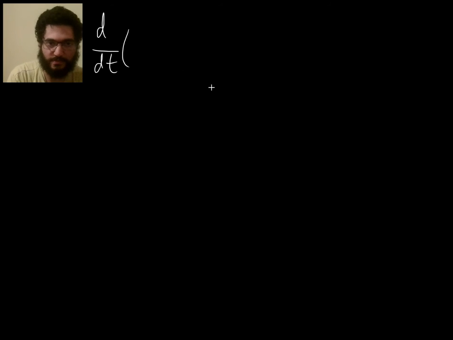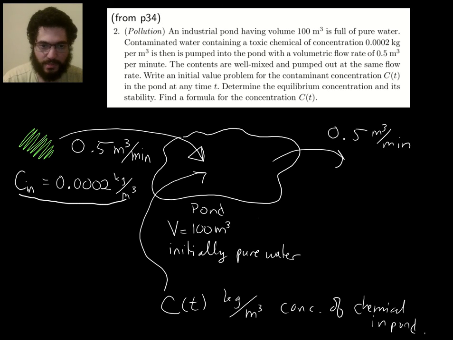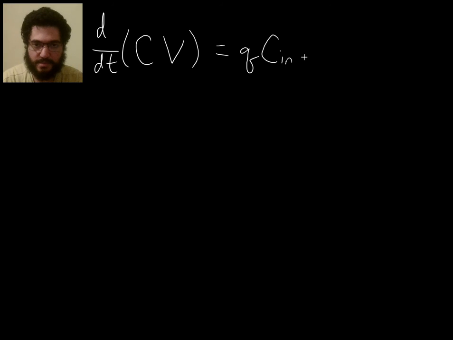So d dt of the amount of toxic chemical in there, that's C times V, equals the rate at which the chemical enters, that's the fluid flow rate, how many meters cubed enter per minute, times C in, the number of kilograms per cubic meter, minus QC.